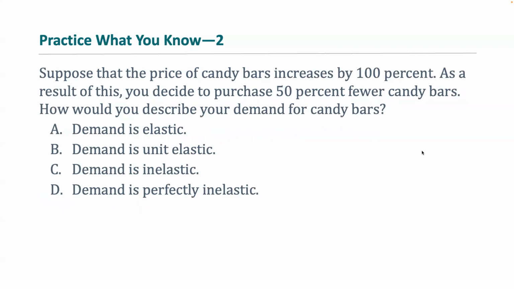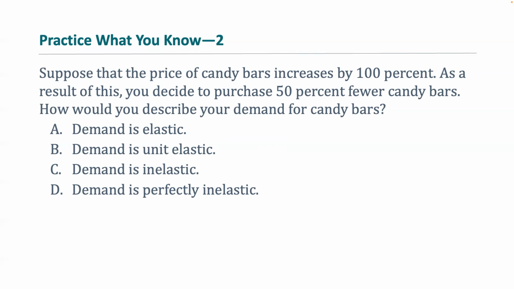So let's do a practice question. Suppose that the price of candy bars increases by 100%. As a result of this, you decide to purchase 50% fewer candy bars. How would you describe your demand for candy bars? Remember that anytime the elasticity of demand is less than -1, it's going to end up being elastic. If it is greater than -1, it's going to be inelastic or less elastic.